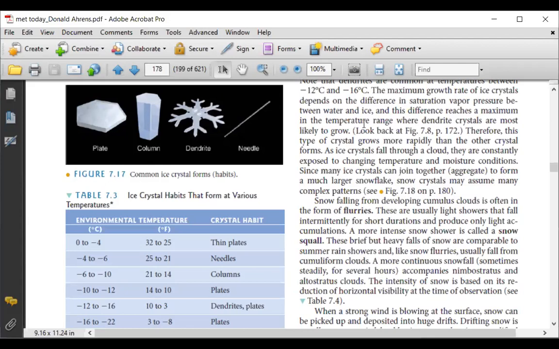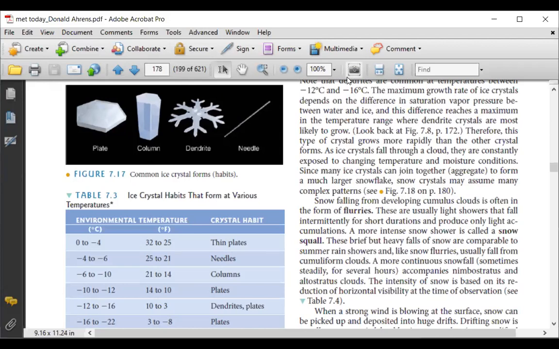So first of all, dendrite. Why is dendrite the most common? Why are the plate formation, column formation, needle formation or any other types not very common? Dendrite is common because when a crystal formation happens, there are some conditions, and that depends on the difference between the water and ice saturation vapor pressure.